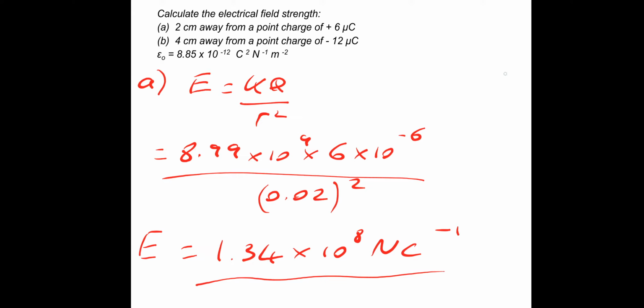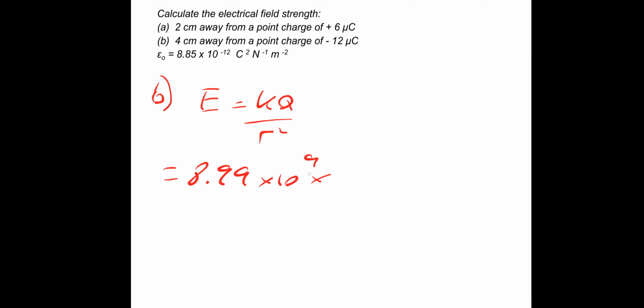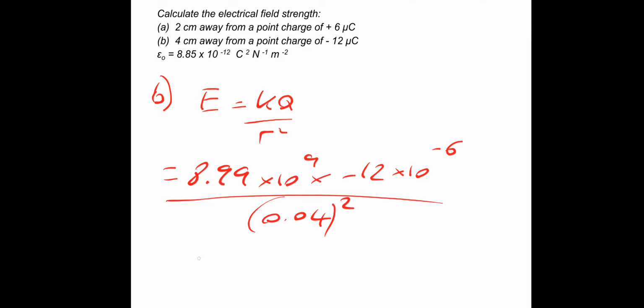I'm going to remove it and do B. So B, same equation: kQ over r squared. Put the numbers in. So 8.99 times 10 to the 9, times the charge, this time minus 12 times 10 to the minus 6 coulombs, divided by 4 centimeters, so 0.04, squared.